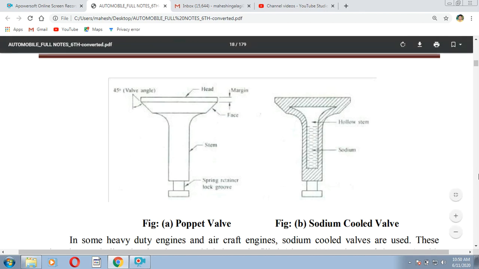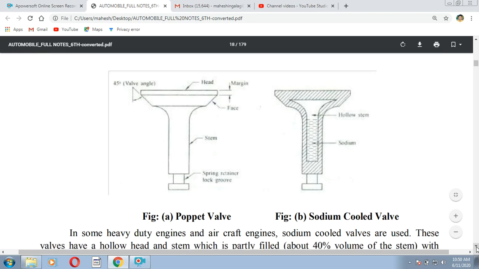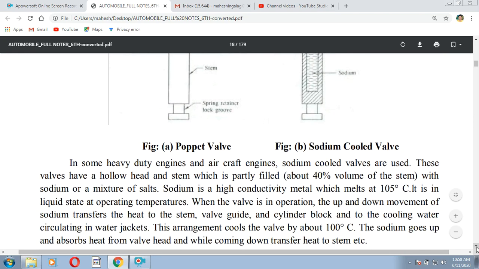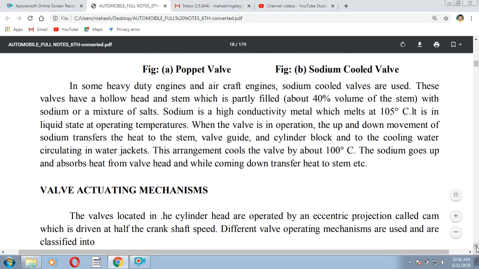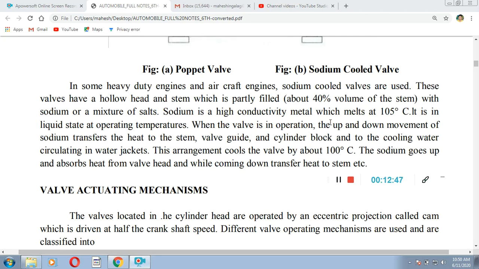So whenever the temperature increases, you may observe here the sodium cooled valve.